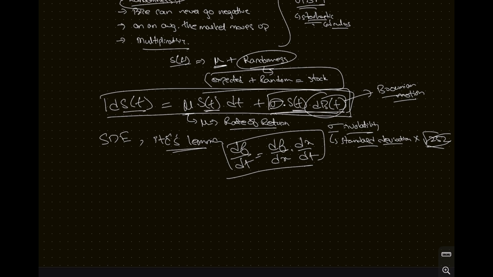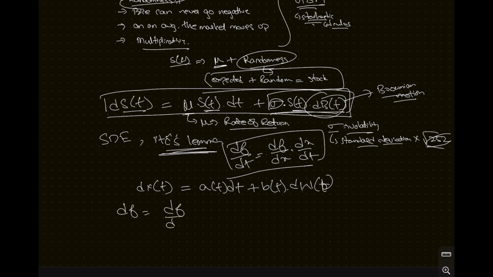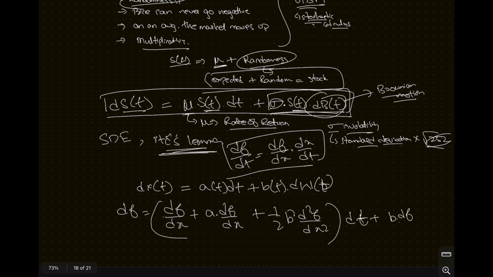In stochastic calculus, if we have a general equation like dx of t equals a of t dt plus b of t into the randomness, then the chain rule with respect to Ito's lemma is going to be: df equals (df by dx times a plus half b squared d squared f by dx squared) dt plus b into df by dx dW of t.